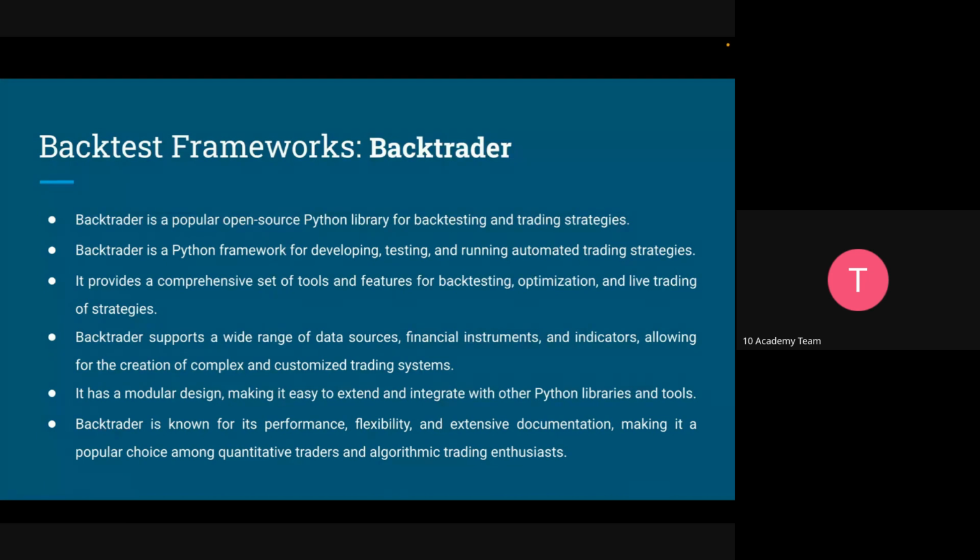So we have talked about exploring historical data to test our strategies and decide on the right strategy. And we have frameworks to do this. One of the frameworks that we have is called Backtrader. This framework is something that you can install like you would any framework like React, Streamlit, and so on.